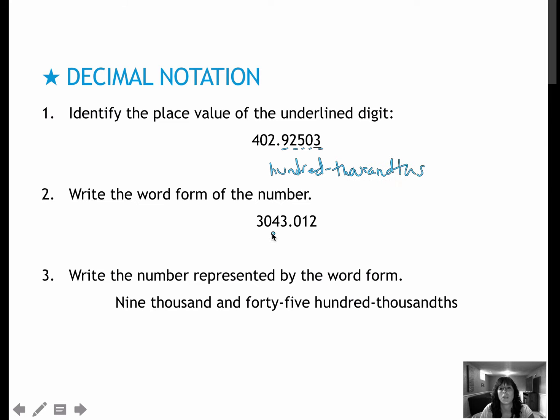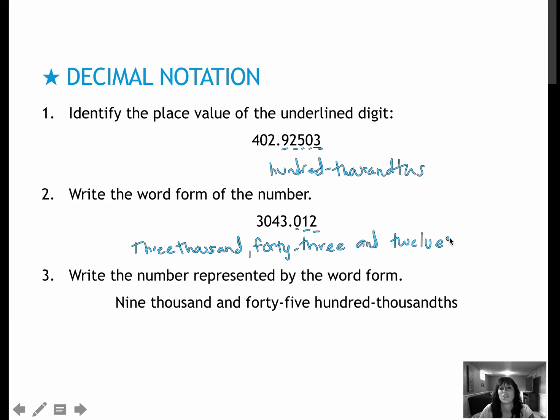The word form of the number, I have 3,043 and 12 what?